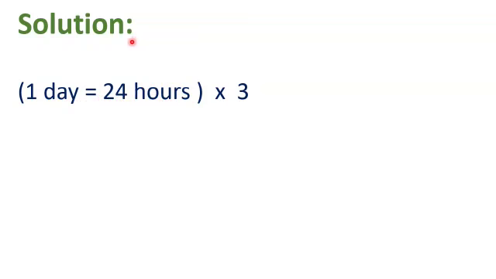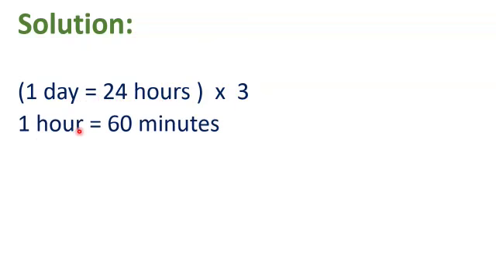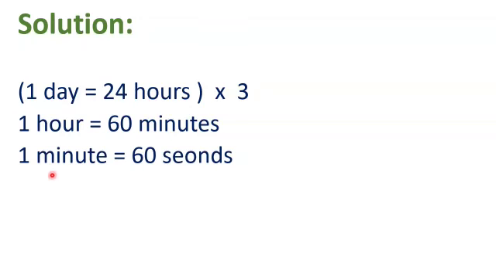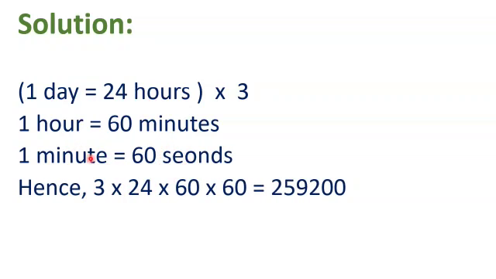Here they have asked 3 days, so multiply by 3. 1 hour means 60 minutes, and 1 minute means 60 seconds. Hence you have to multiply 3 into 24 into 60 into 60. So you will get this answer, which is option A.